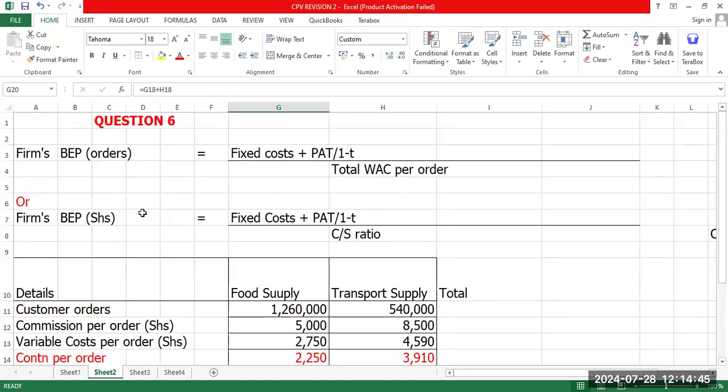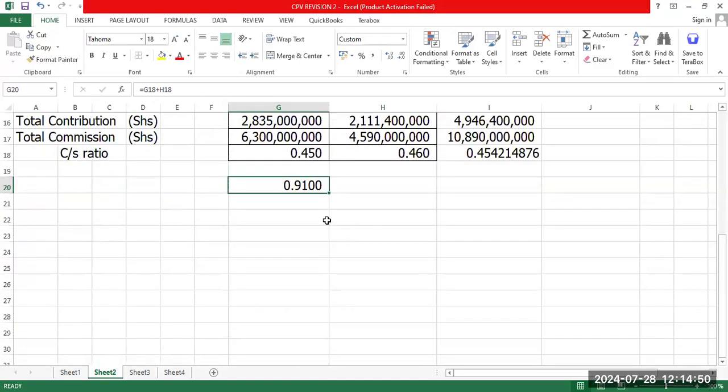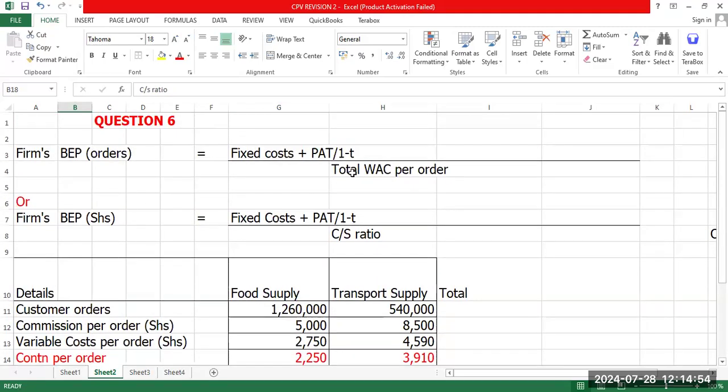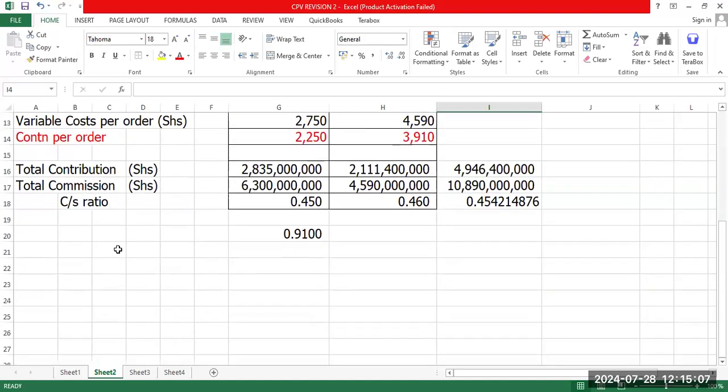So don't handle it the way we handle total weighted average contribution per unit, because there we are adding whatever we have on that line. But this one, focus on the last one.